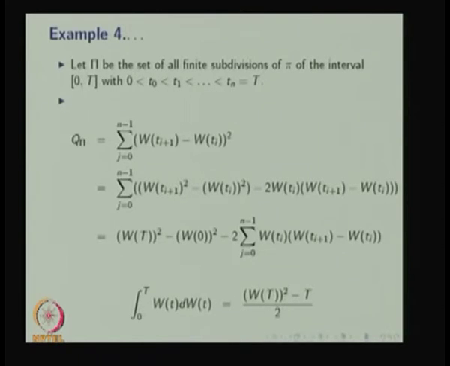So here we have used the quadratic variation of Brownian motion, which is capital T, for the interval 0 to capital T. Therefore the integral is going to be (W of capital T whole square minus capital T) by 2.